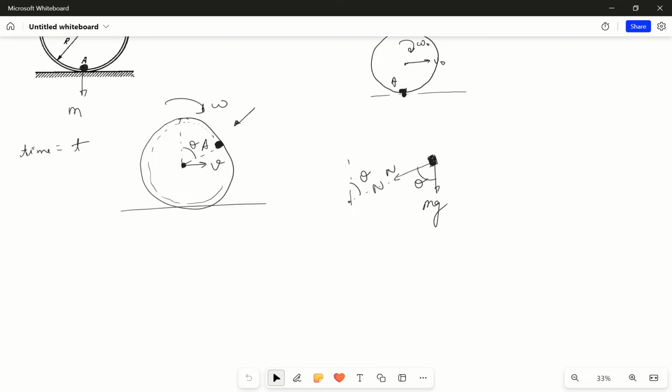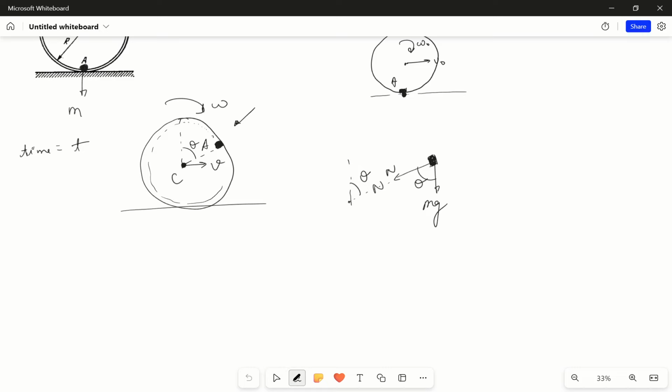As I said, this body is performing circular motion about this point, the center of the ring. Let's say it's C. This body is performing circular motion about C. So what we can write is the circular motion equation about point C for this body. I am utilizing that observation here.